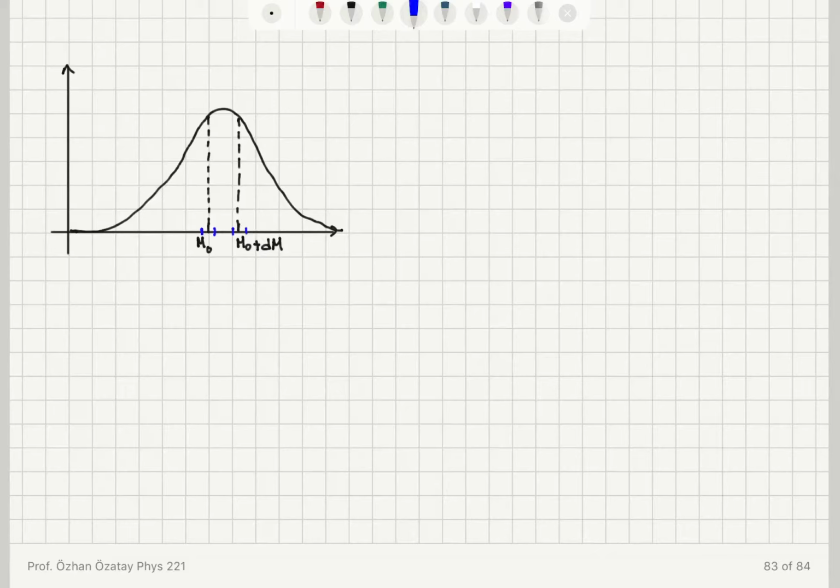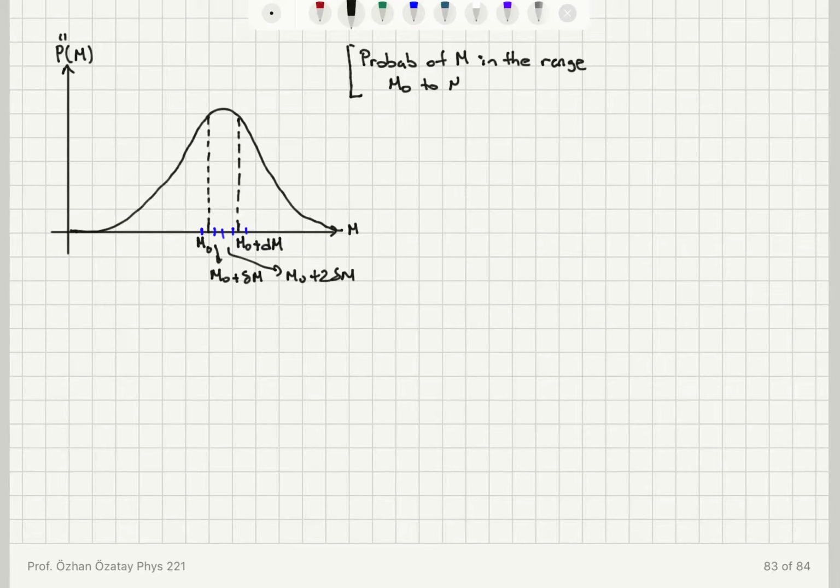So I have many different discrete m values in this range, and therefore if you ask me what is the probability of finding m in this range, that means m can have a value m0 plus delta m, and then m can have a value m0 plus 2 delta m, etc., all the way up to m0 plus dm.